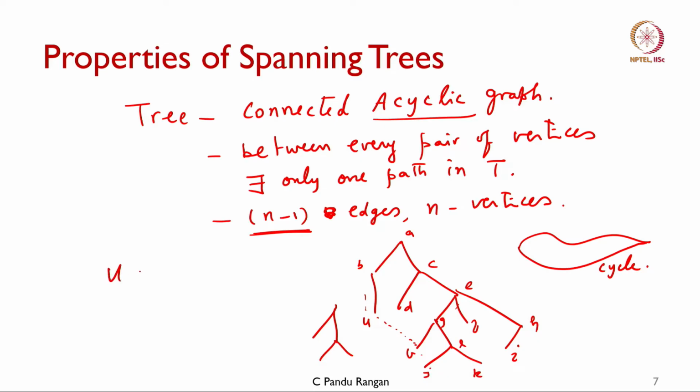So, U to B to A to C to E to G to V to U. This is a cycle.